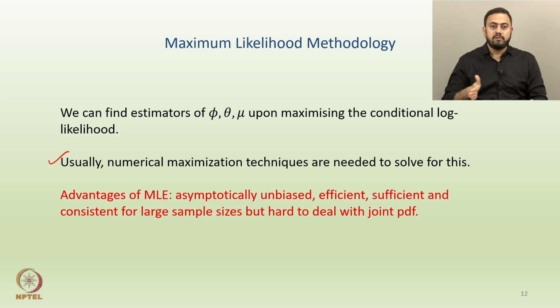So if you have a very complicated model structure, how would you deal with the joint PDF combining all the observations and so on? This could be a challenge here, but nevertheless the MLE does have some exciting aspects to it: it's asymptotically unbiased, efficient, sufficient and consistent.